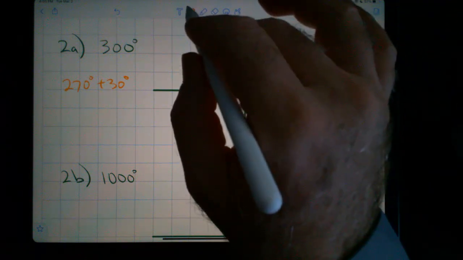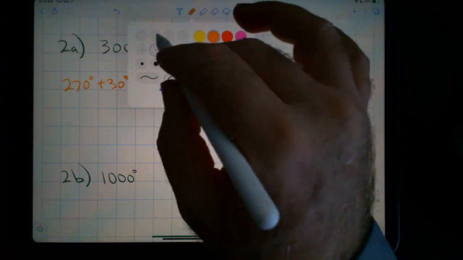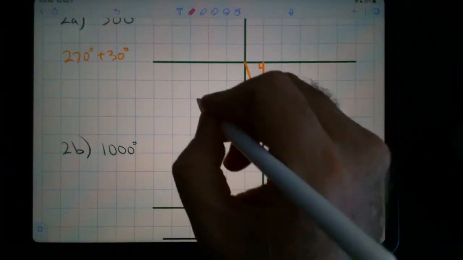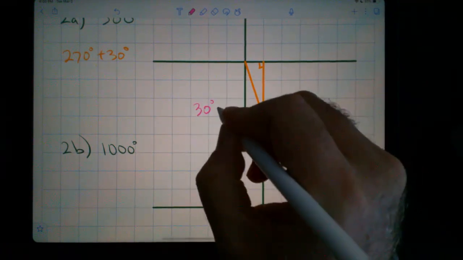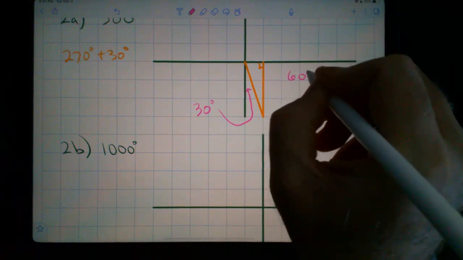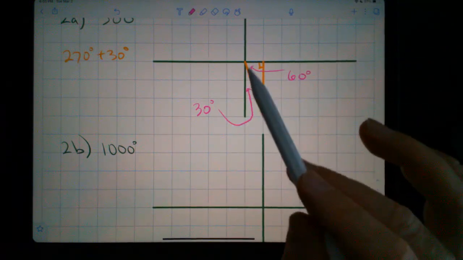And there are actually two reference angles you can look at. We have 30 degrees on the inside, and we have 60 degrees right there, because 30 plus 60 is 90.